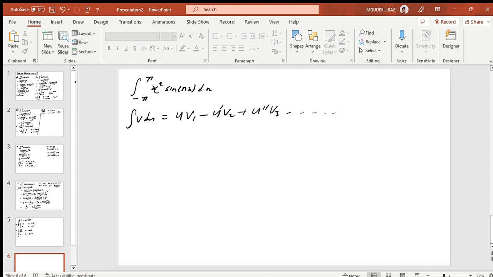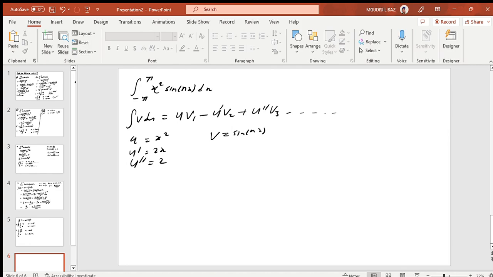Now if we take our u to be equal to x squared, that means our u prime should be 2x, and our u double prime should be 2. There's no need to go to u triple prime because it will be 0. Then we take our v to be equal to sine of nx.